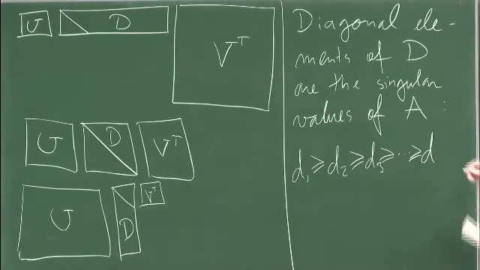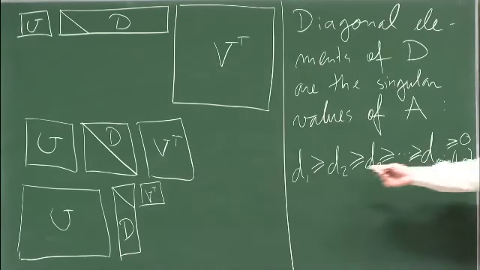Here is the last one. This index is the minimum of k and n, and they are all greater or equal to 0. Of course, they may all be 0 if A to begin with is the 0 matrix. Then these are all 0.